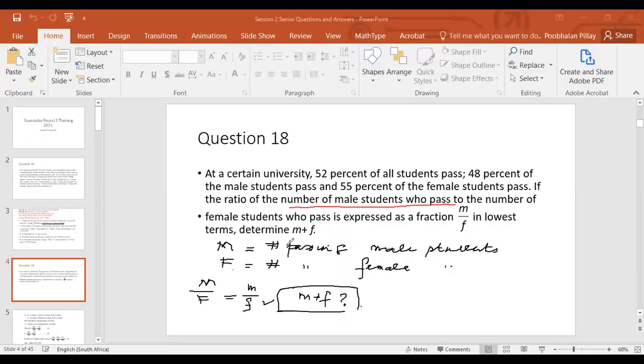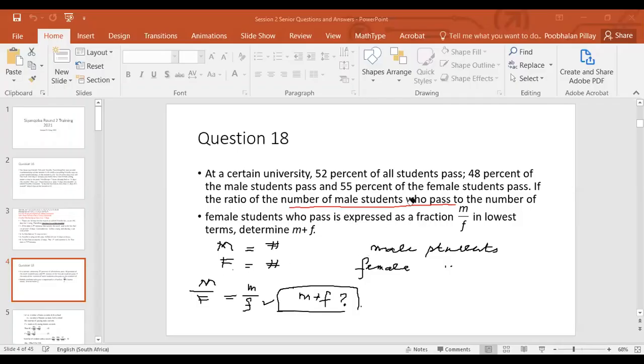All right, so let's just have a look at this. You've got 48% of the male students pass. So maybe we shouldn't put passing male students. We should write down the number of male students, not the passing male students, because the information is 48% of all male students pass.